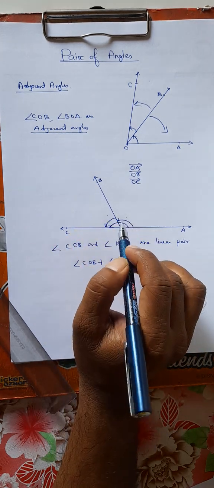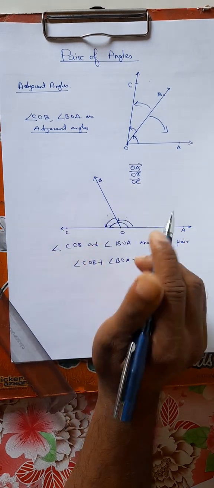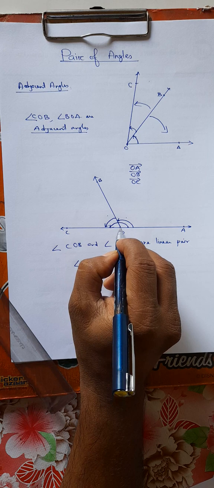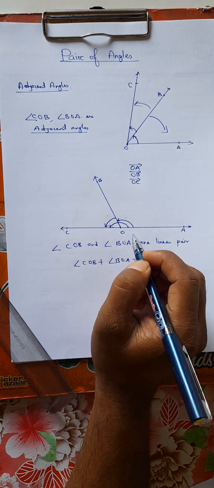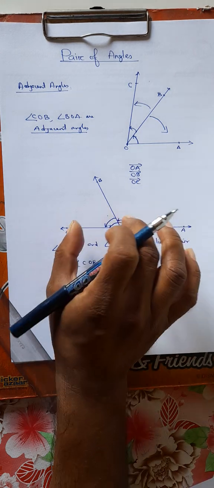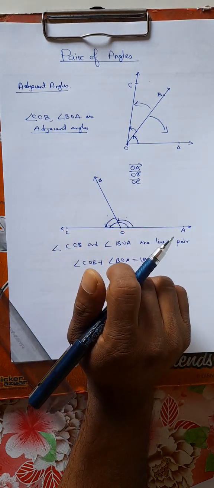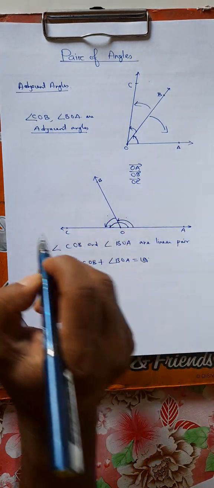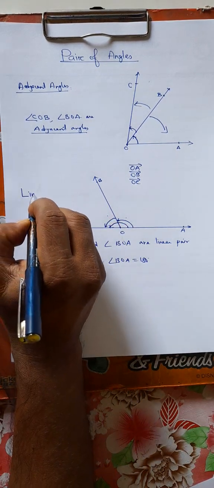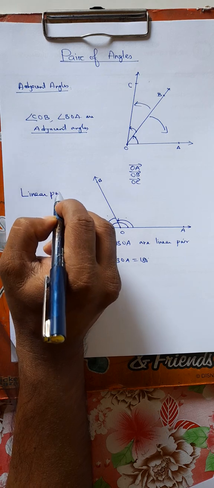It's a pair of adjacent angles. Like the common ray is OB, vertex is O, and we find that their sum is 180 degree. So we call that this pair is linear pair. So linear pair of adjacent angles, linear pair.